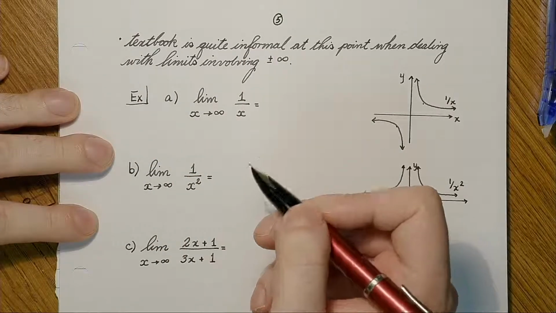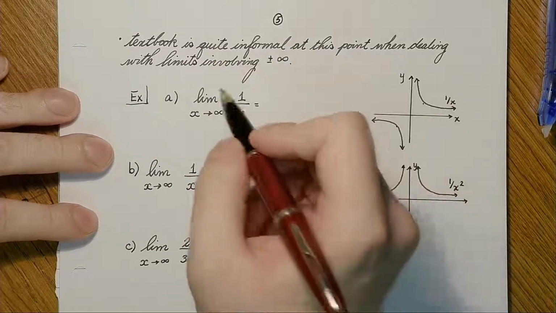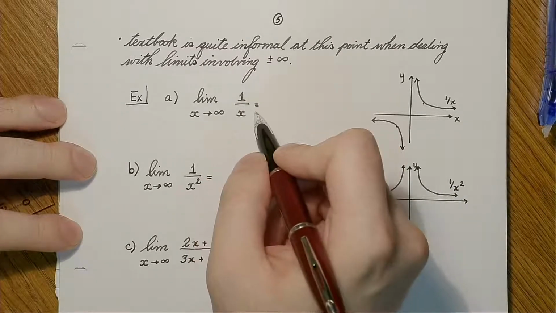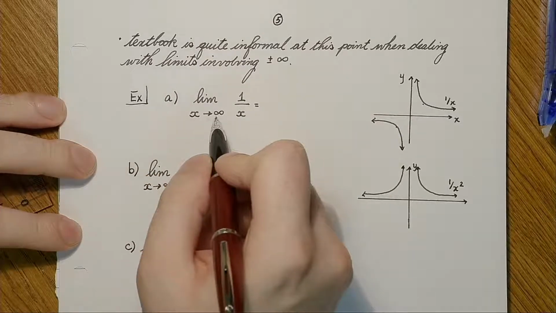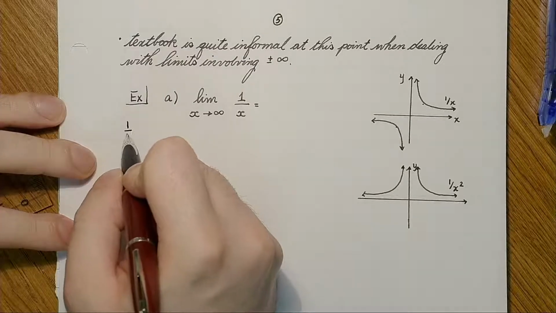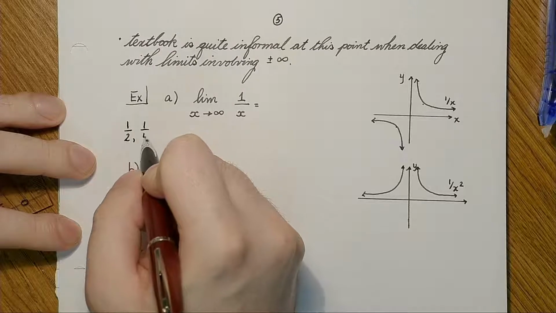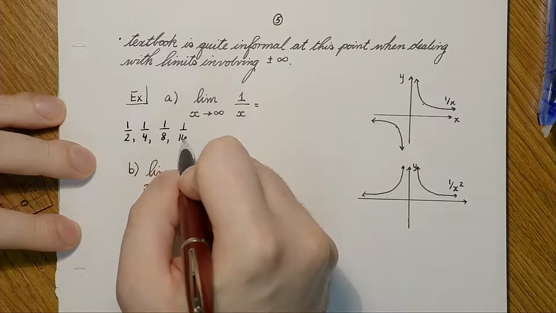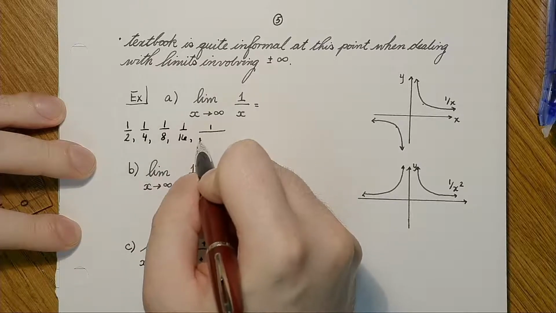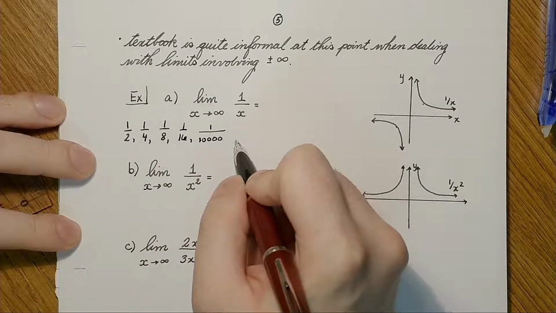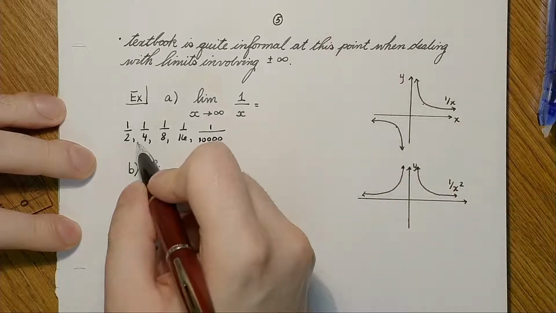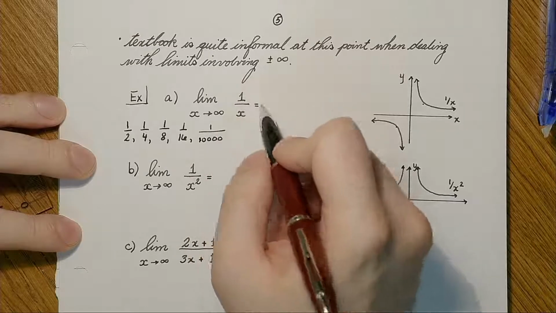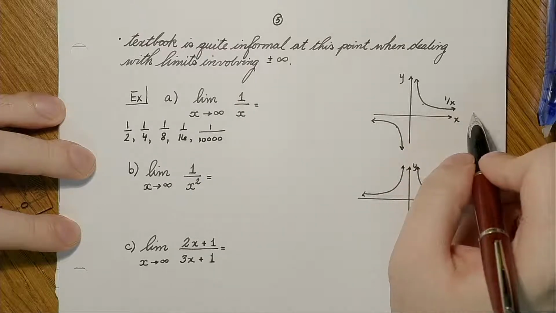So for instance, if I'm looking at 1 over x, and I start thinking of really big numbers, so I let x go to infinity, you can think of 1/2, 1/4, 1/8, 1/16, 1/10,000. Each time, as you make x bigger, the whole fraction goes smaller. So you can see that this is approaching 0.